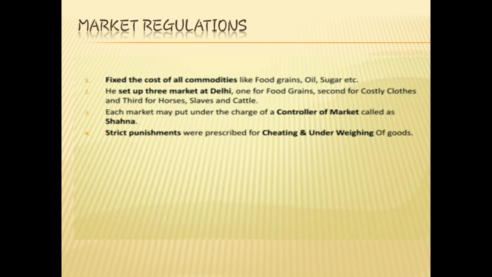The arms and the ammunition were also properly checked. He ensured that during the review process, these horses were not replaced with lower quality horses or presented twice. He had started the system of dag, the system of branding. So dag and chehra were the two different systems.